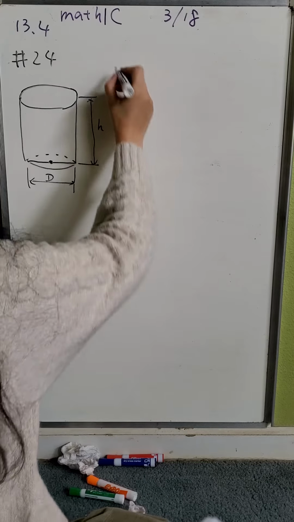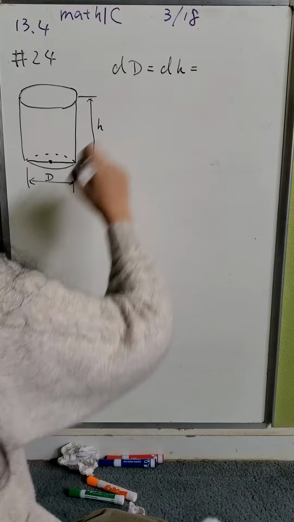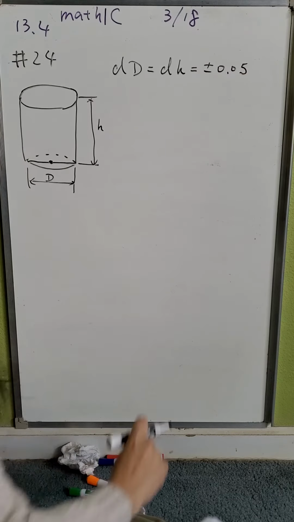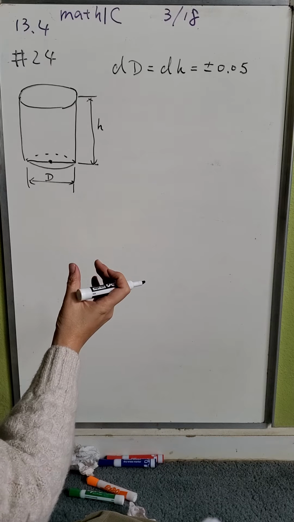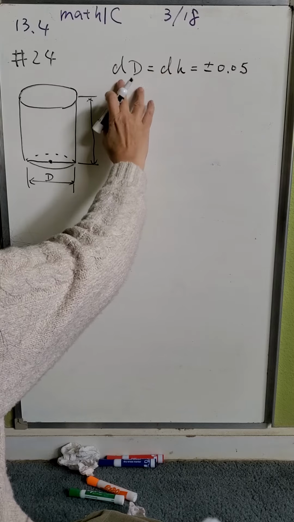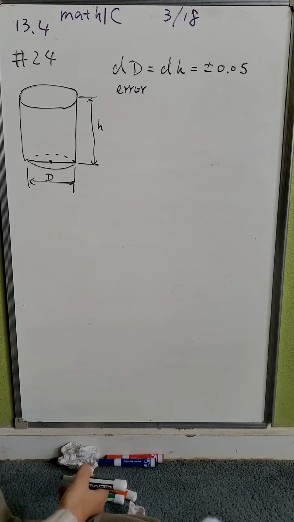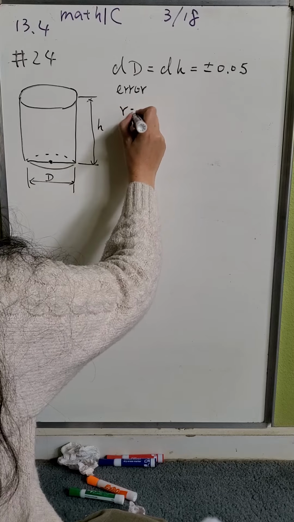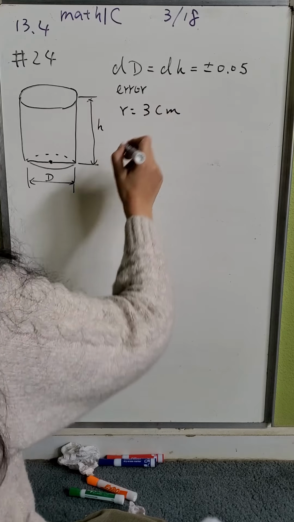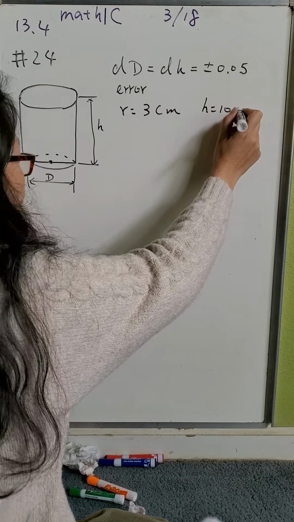They said that the error for the diameter and the error for the H is plus or minus 0.05. Means it can expand 0.05 more or shrink 0.05 more. So dH is the error, okay? And then they said that R is equal to 3 cm, and H is equal to 10 cm.